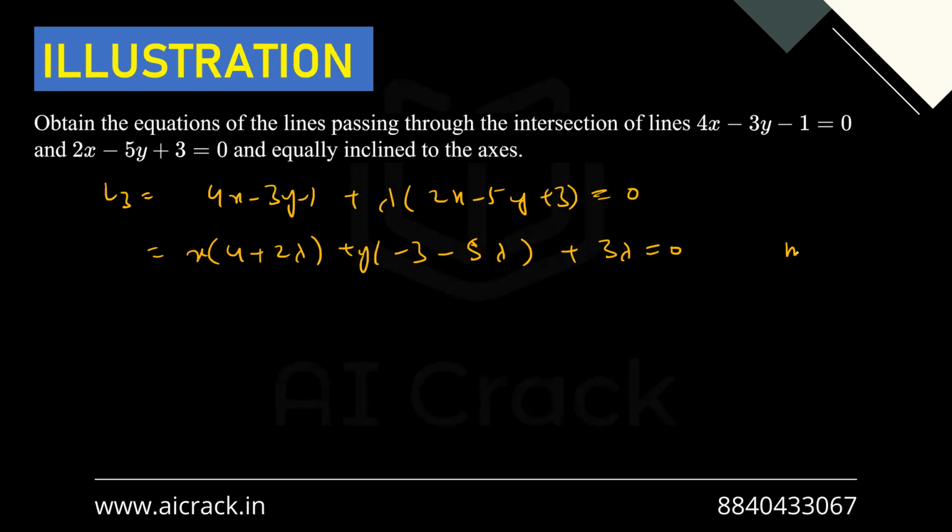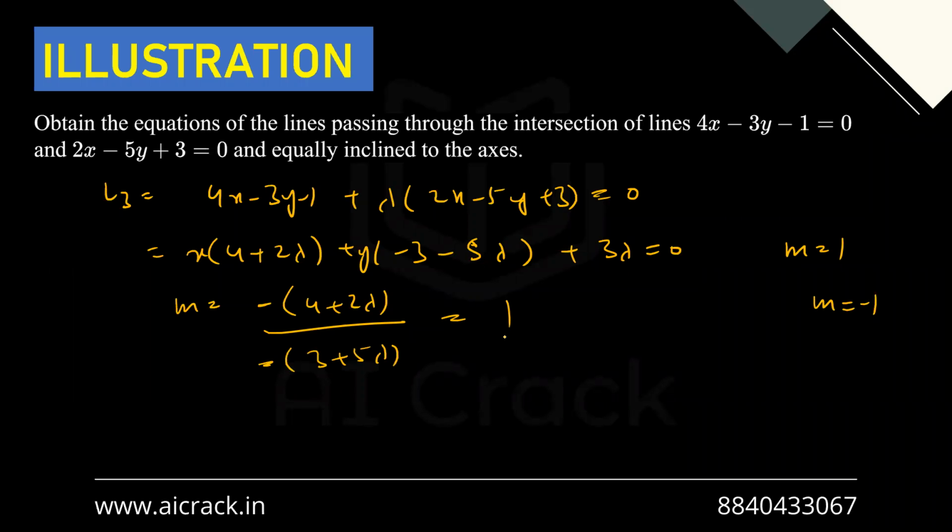Now either m equals 1 or m equals minus 1. Let's take the m equals 1 case. So m with this equation is minus coefficient of x, that would be 4 plus 2 lambda, divided by coefficient of y, that would be minus 3 plus 5 lambda, and that is equal to either 1 or minus 1. So let's take the 1 case first. That would give me 4 plus 2 lambda equals 3 plus 5 lambda.